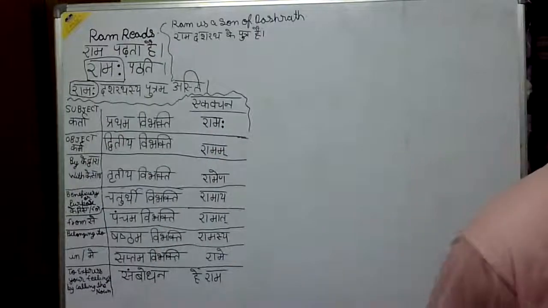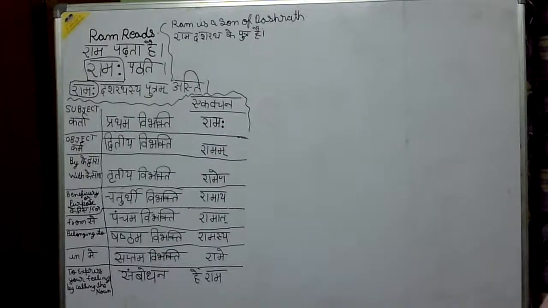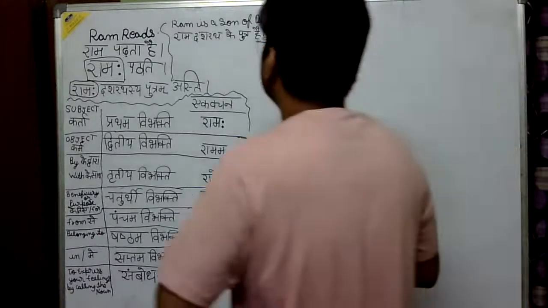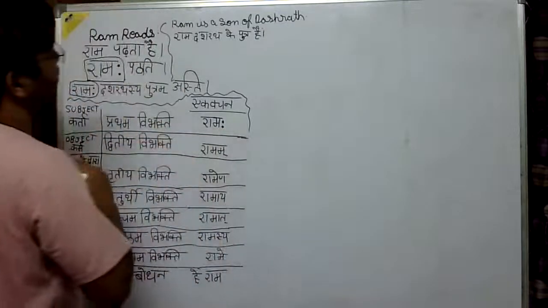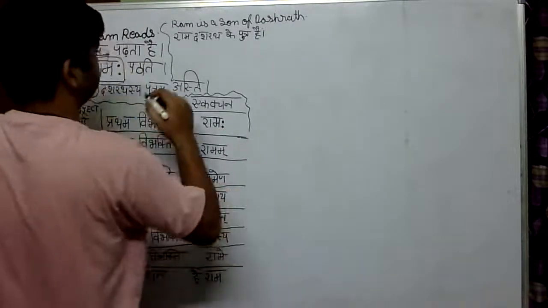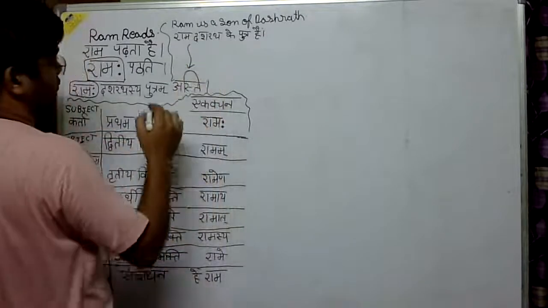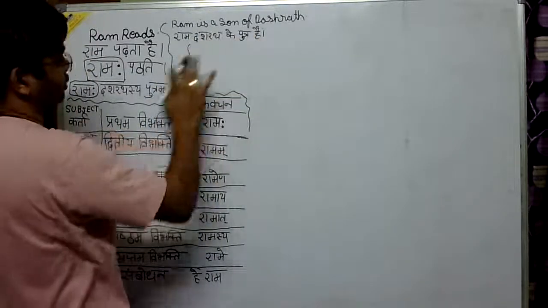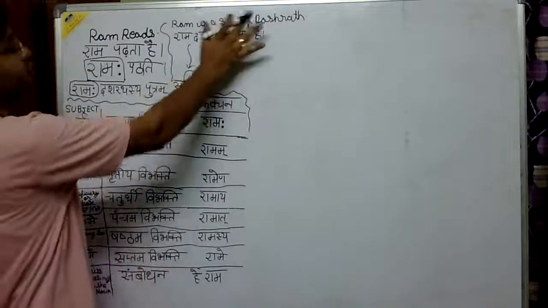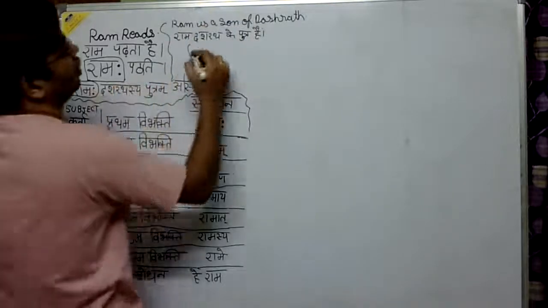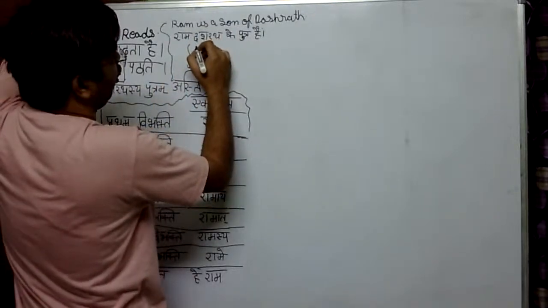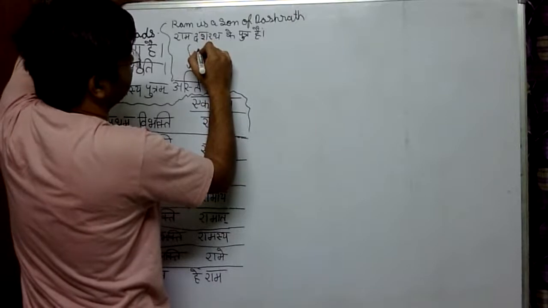For object, I have a sentence. For this text, Sanskrit is this. Right? Okay. For object, we have a sentence.